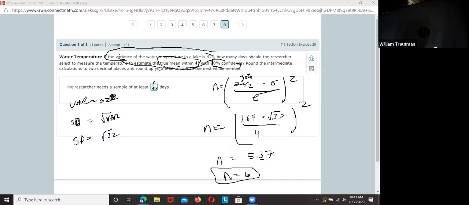Everything's right. And then I square it. And we get 5.37, which rounds up to 6. So we need a sample of at least 6 in this problem. And that is what the quiz looks like.